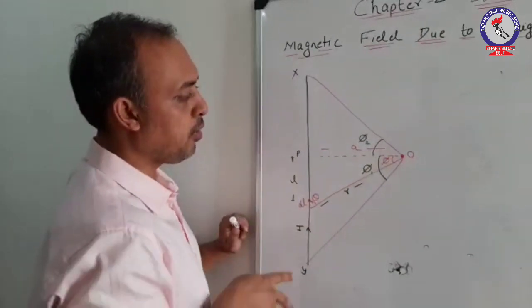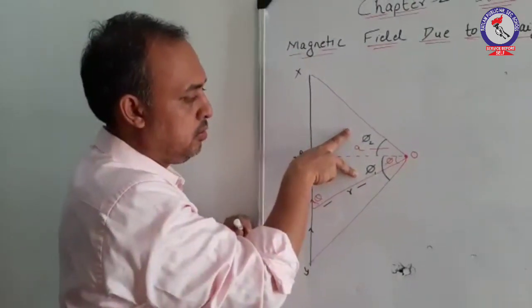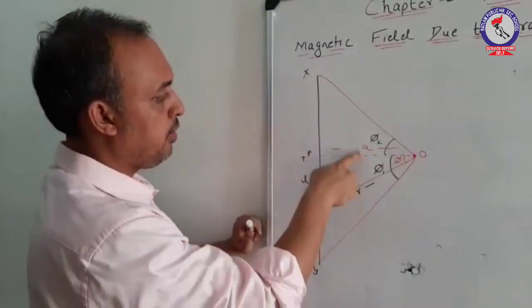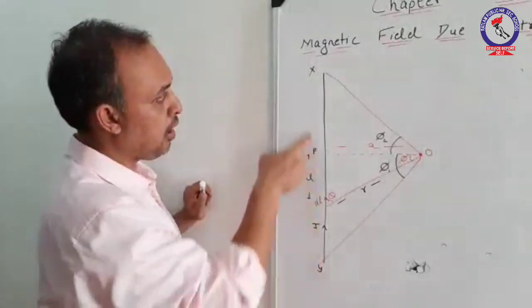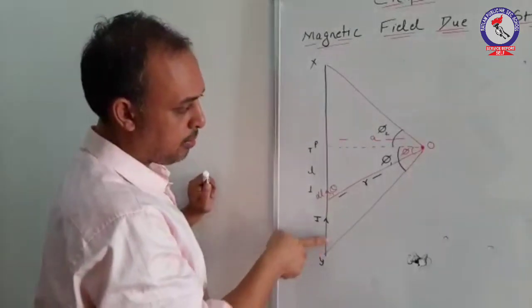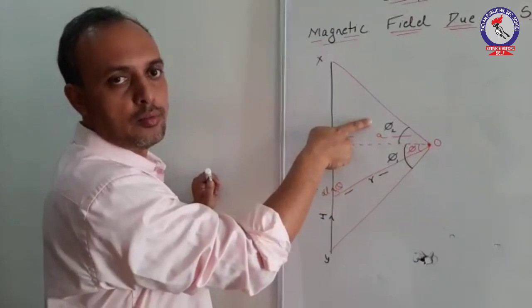There are another two important angles, that is angle phi 1 and angle phi 2. These phi 1 and phi 2 represent the angles subtended from the end points of the conductor, that is, end Y subtends angle phi 1 and end X subtends angle phi 2.